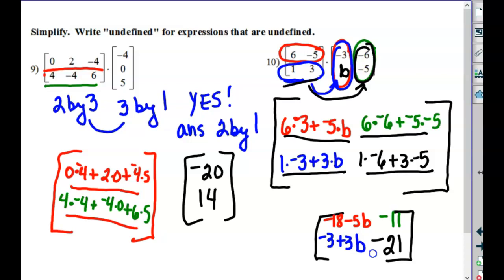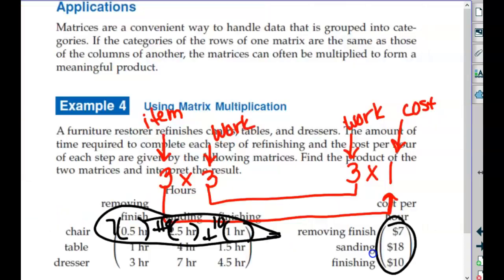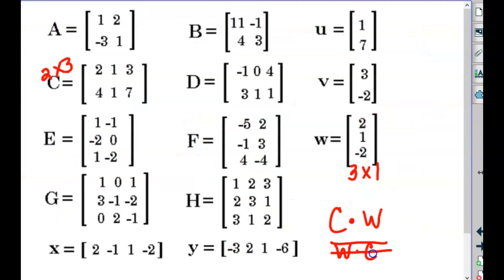All right, I think we should practice one more. So somebody, we want to do C times W because we said that? Okay, if you don't even write it down, but it's not a hard one because we picked a 2 by 3 and a 3 by 1. So we end up with a what? 2 by 1.